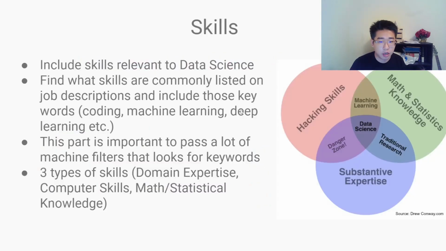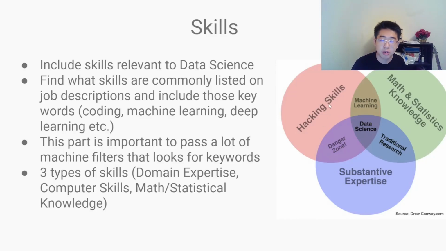And the next part on your resume is going to be skills. This is a really broad section to talk about because skills in data science encapsulate a lot of things, right? Look at this famous chart about data science skills.